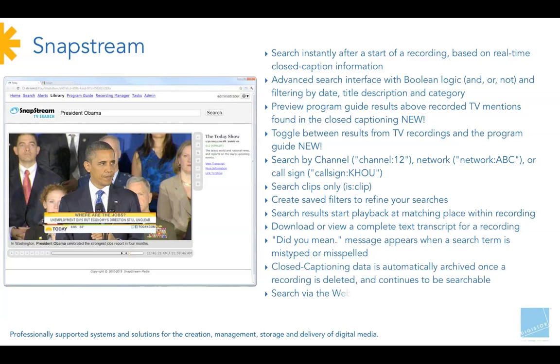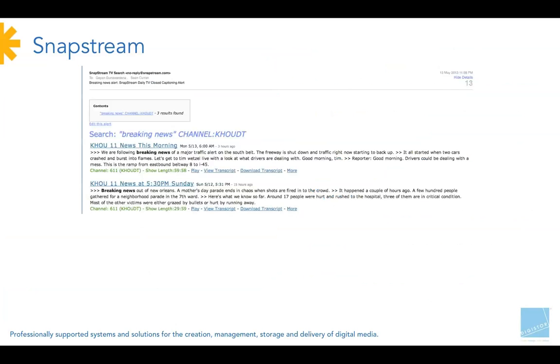Now I'll just jump quickly over and show you one of the alerts that I've got. I asked Gayan, who I believe is on the webinar this afternoon, to set up an alert for me. So we decided to have breaking news, but it had to be channel KHOU, which is News 11.